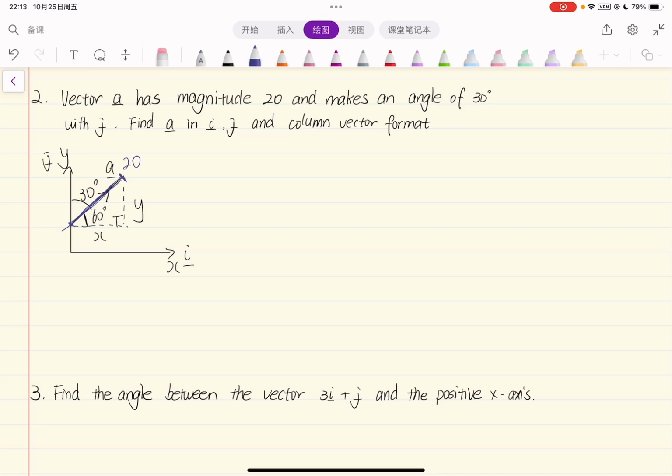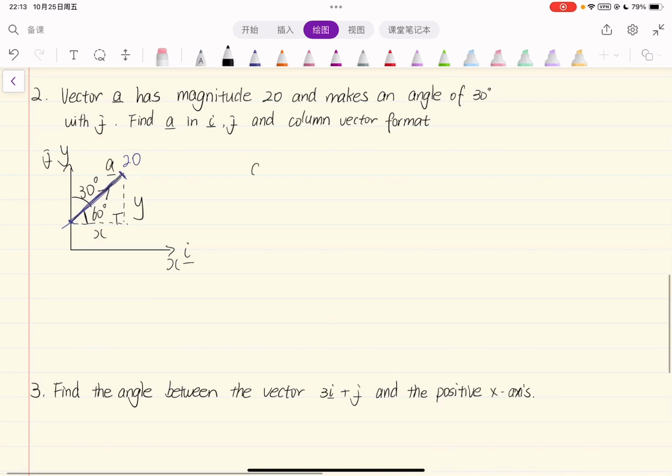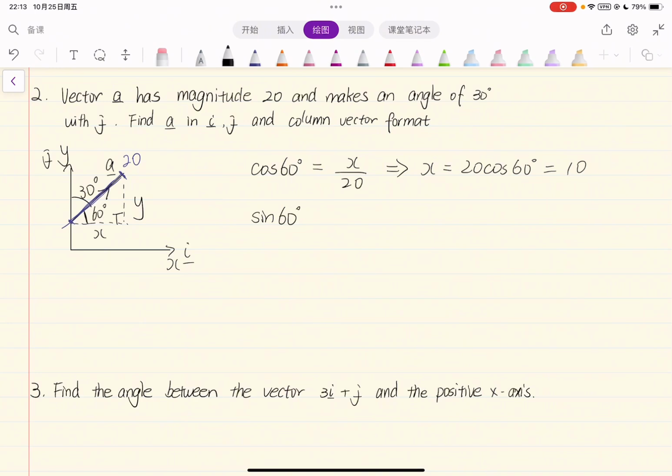So we can get that cosine 60 degrees in the triangle equals x over 20. This implies that x equals 20 times cosine 60 degrees. That equals 10. Also in this triangle, sine 60 degrees equals y over 20. This implies that y equals 20 times sine 60 degrees. That equals 10 square root of 3.